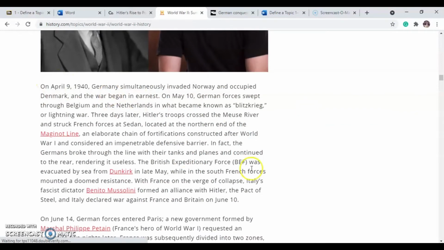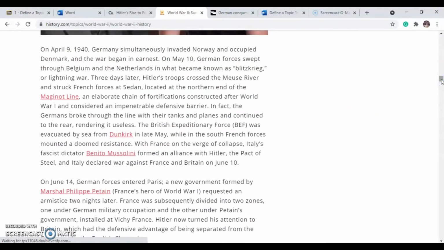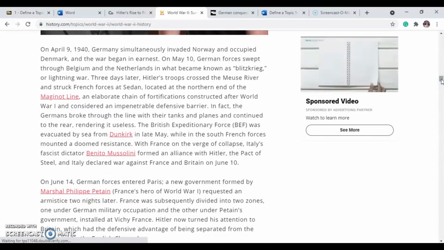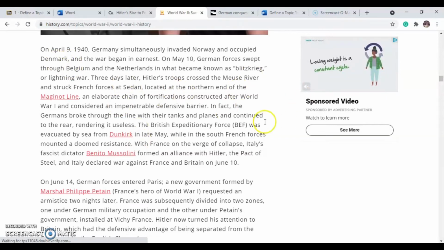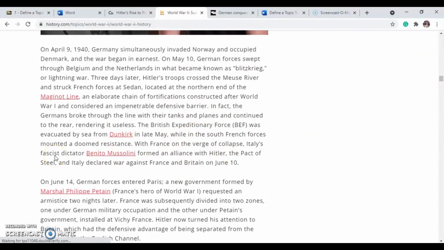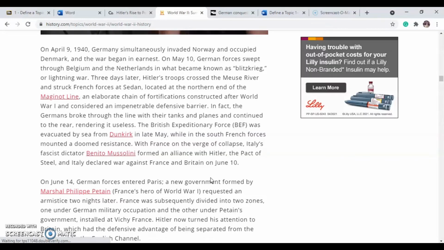Here, we go into detail how Hitler and the Soviet Union, well, mostly Germany, right? Germany did most of the destruction here. They show in detail how Germany invaded other countries and how he joins forces with Italy's dictator Benito Mussolini. And, of course, one of them would declare war, and it was Italy who declared war against France and Britain.